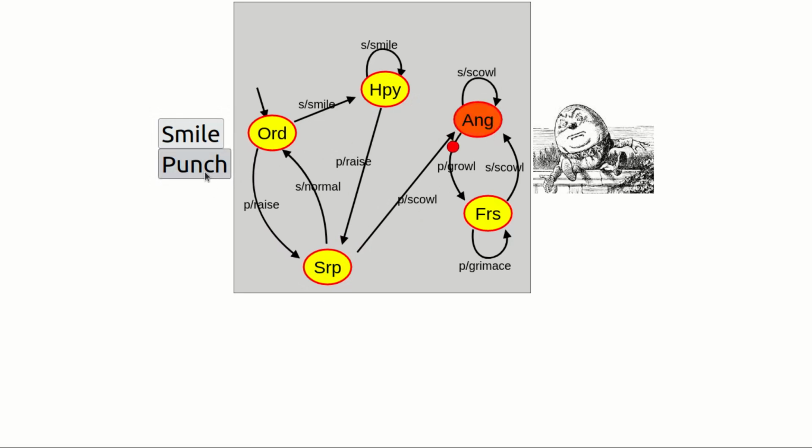I punch again, now it starts growling and it is furious. Punch again, it grimaces, and if you continue to punch, it will continue to grimace. And if you now smile at it, it will scowl and go to the angry state. Keep on smiling at it, it continues in that particular state.